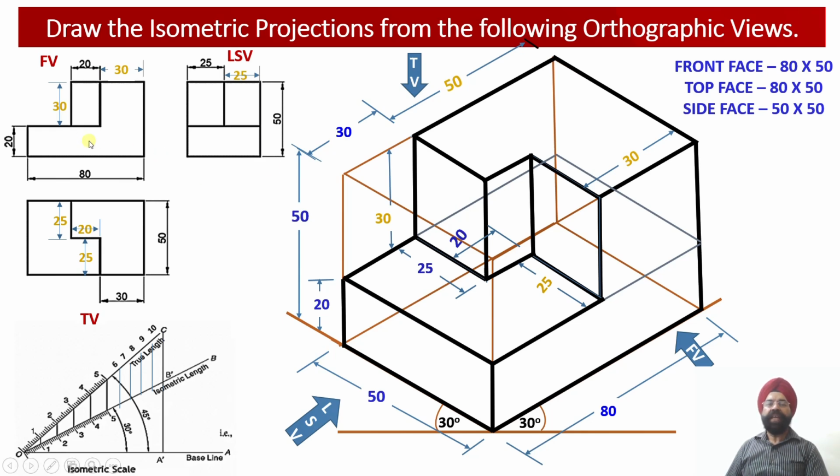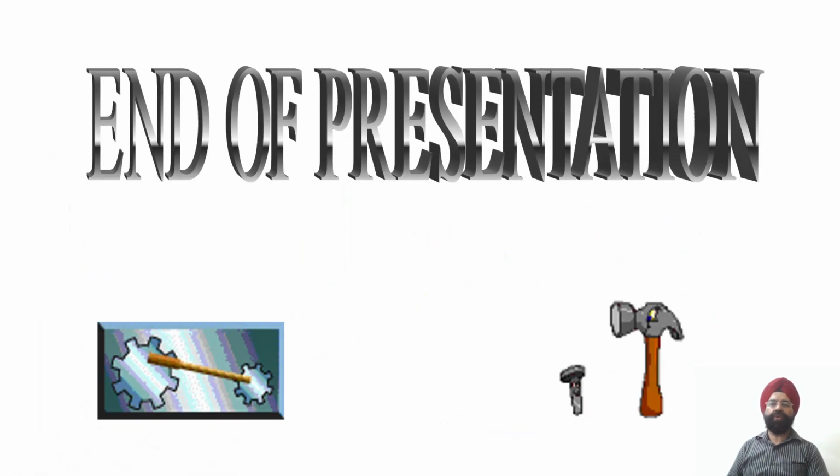So divide the solid into multiple elements, start with the basic construction of the bottom element, and then keep on building the other elements on top of the basic building block. This is the procedure for evaluating the isometric projections of the solid when the orthographic projections of the solid are available.